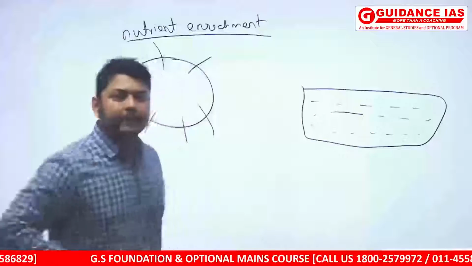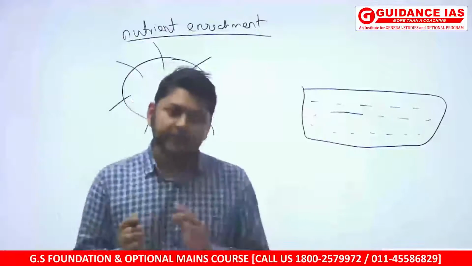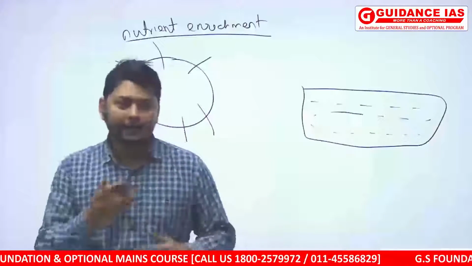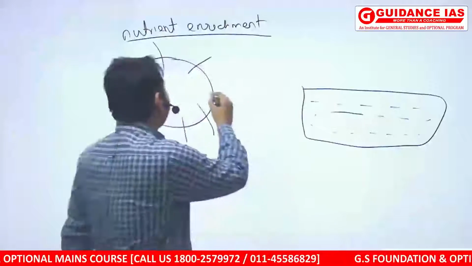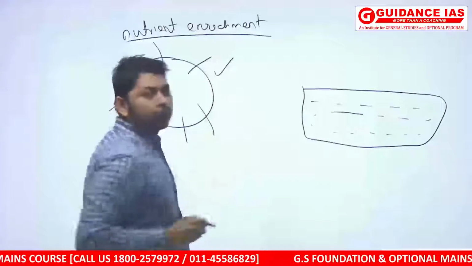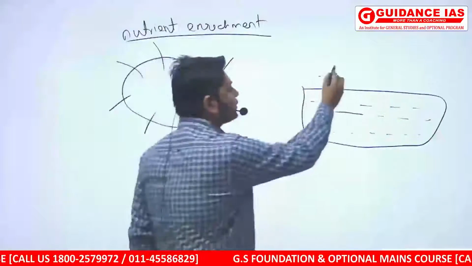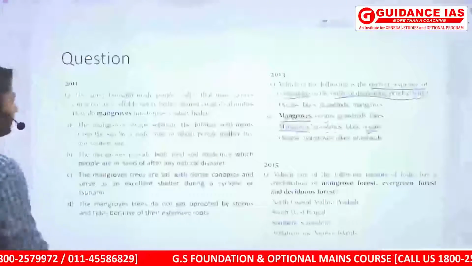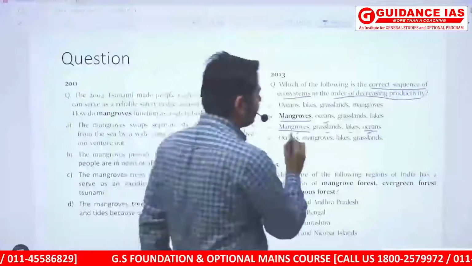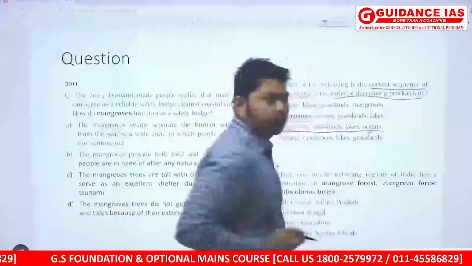Here there will be nutrient enrichment, but not at that level. So in a lake there will be more productivity compared to the ocean. So this question gives an answer for mangrove, grassland, lakes and ocean.